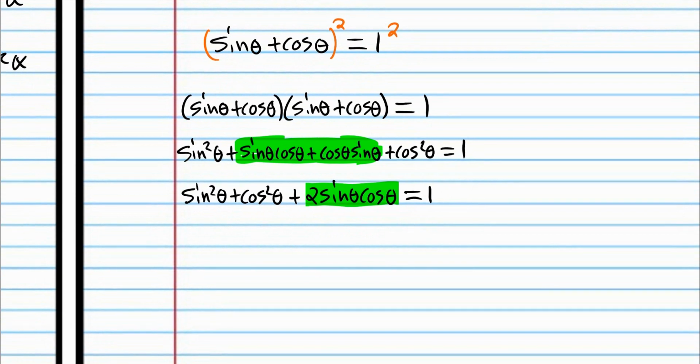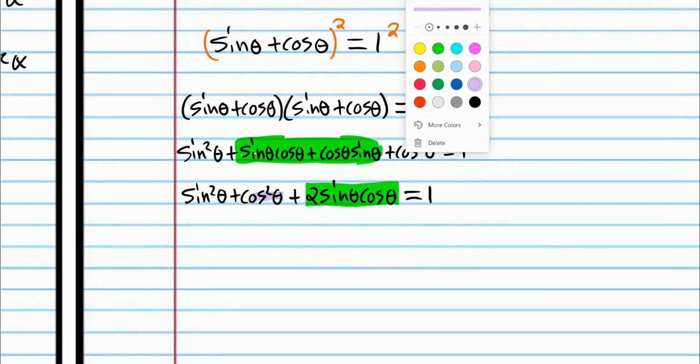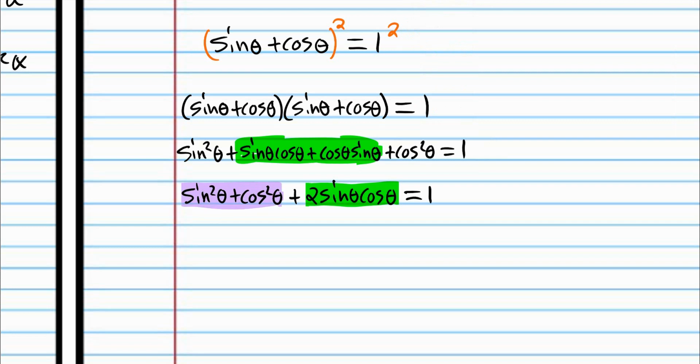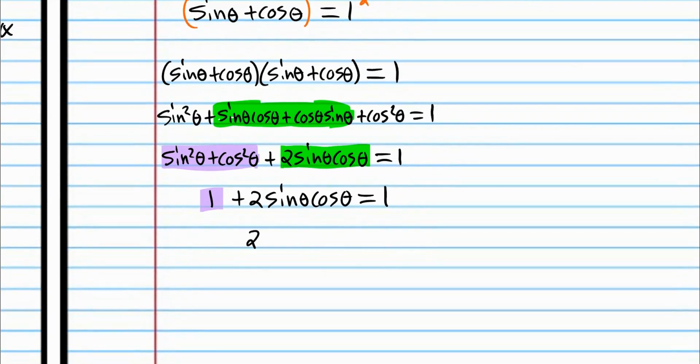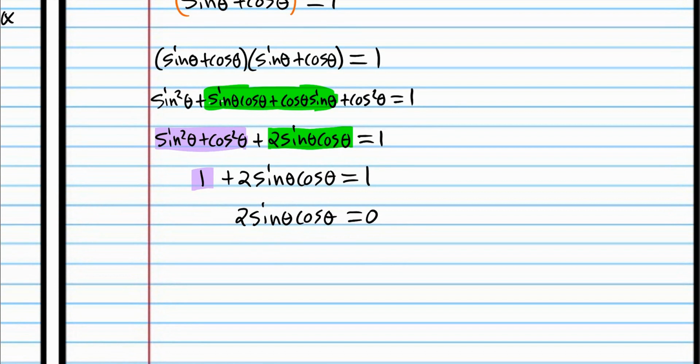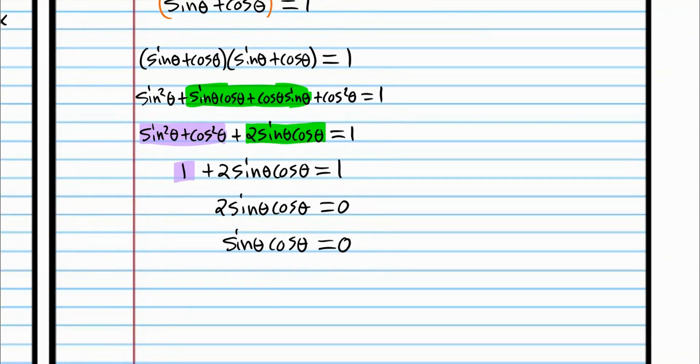So now we're going to use a Pythagorean identity. Sine squared plus cosine squared is equal to 1. And then we're going to subtract 1 from both sides of the equation. And then we're going to divide both sides of the equation by 2, just to make it look simpler.